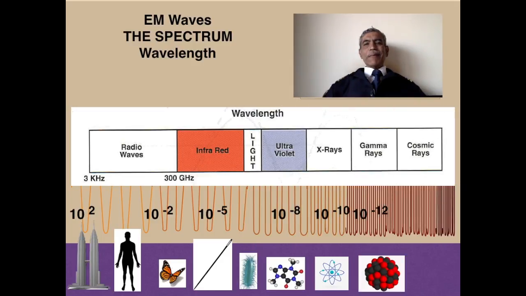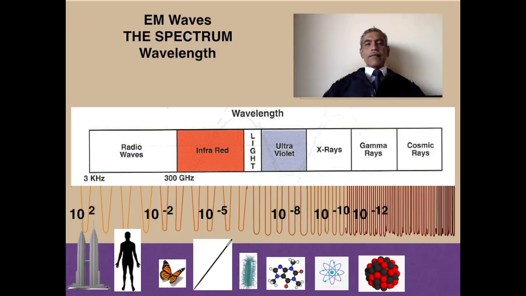We analyze the spectrum, or I explain the spectrum, with respect to frequency. Now if you take the wavelength, obviously the wavelength will keep reducing because the frequency keeps increasing. Here I have shown some pictures just to give you an approximate idea of the wavelength of that particular band.